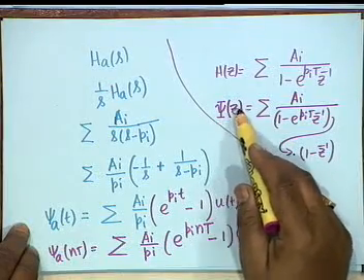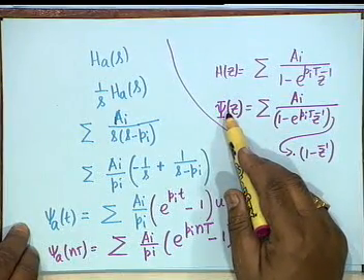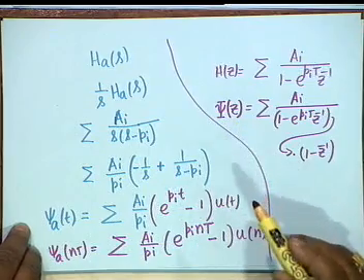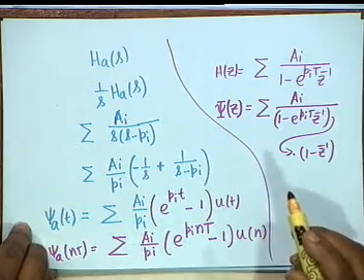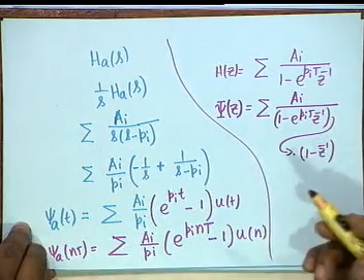If they are not, then impulse invariance does not ensure step invariance. So, we want to compare this. What we have to do now is take the inverse Z transform of capital Psi(z). That will give you the unit step response of the impulse invariant design. So, let us find that out.